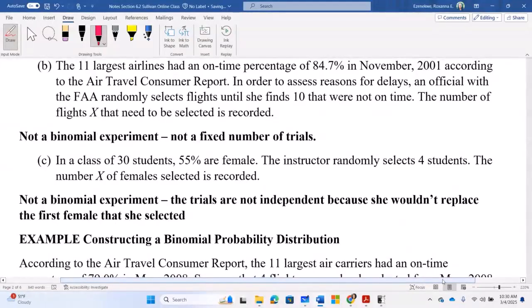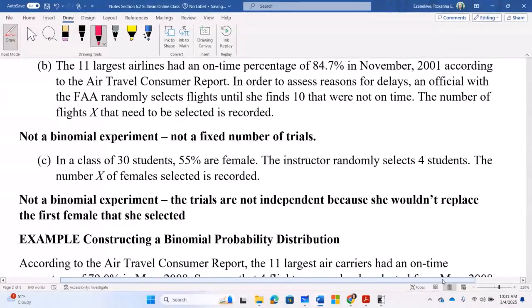B, 11 large airlines had an on-time percentage of 84.7 in November, according to the Air Travel Consumer Report, in order to assess reasons for delay. See, the airport has 84.7% success. It means that some planes did not take off.